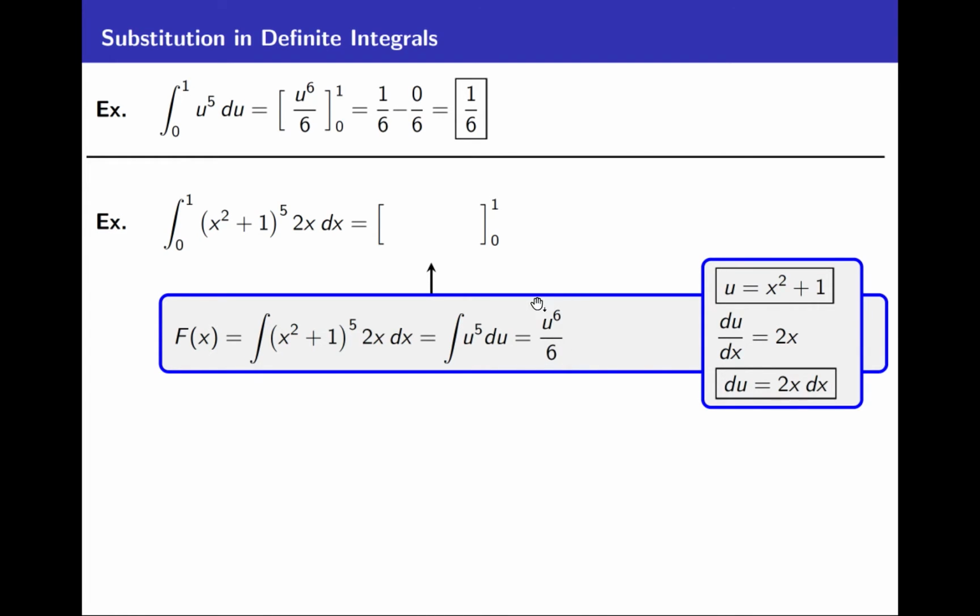Power rule for integration converts that to u to the 6th over 6. And now plugging in the x squared plus 1 for the u gives us our antiderivative of x squared plus 1 to the power of 6 over 6. And now there should be a plus c, but remember, we're using the fundamental theorem of calculus, so any antiderivative is going to work here.